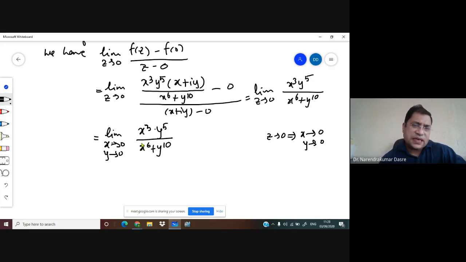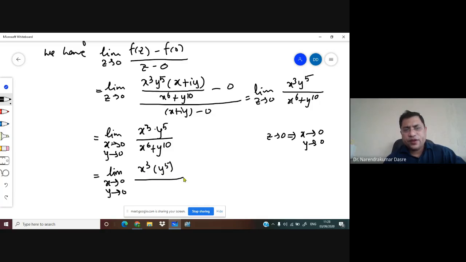So this is called a simultaneous limit, and we have to solve the simultaneous limit now. Limit x tends to 0, y tends to 0, x cube y raised to 5, and if you see the denominator, it is x cube squared and y raised to 5 squared.